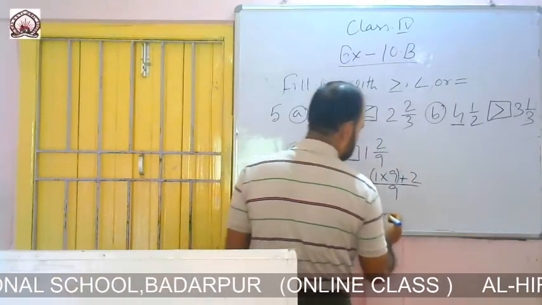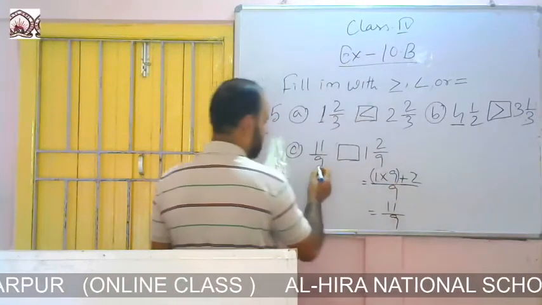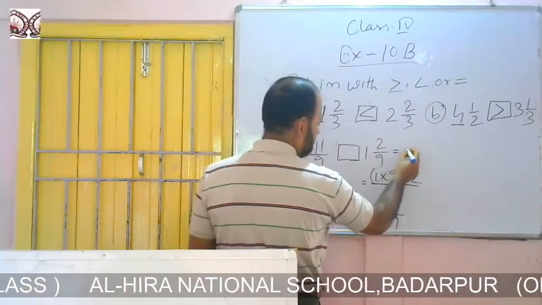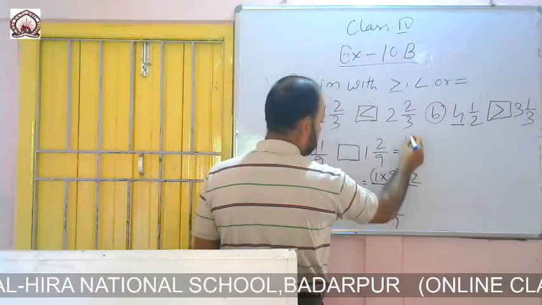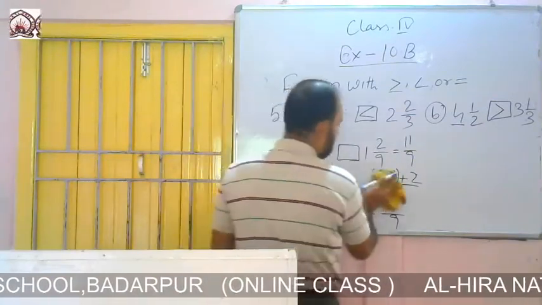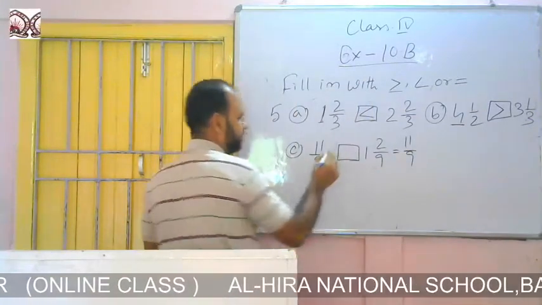Now 9 1 is 9 plus 2 is 11. 11 by 9. So here 11 by 9, here also 11 by 9. Both fractions are the same. So here both fractions are equal.